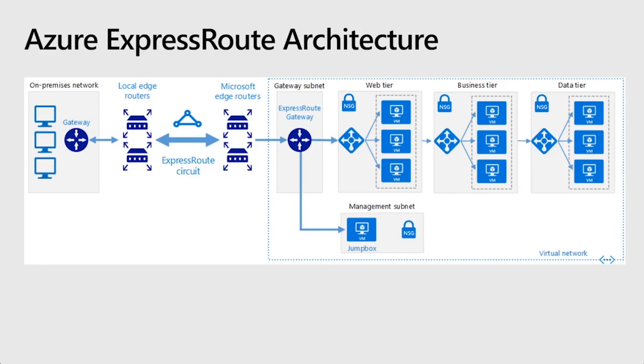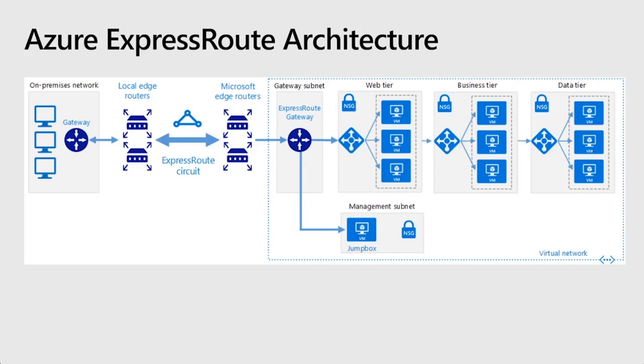It joins your on-prem network with Azure through the edge routers. And those edge routers are hardware that is provided by and managed by the connectivity provider. So you have local edge routers on the on-premises side of your network. And then you have the Microsoft Edge routers, 2 routers in an active, highly available configuration.